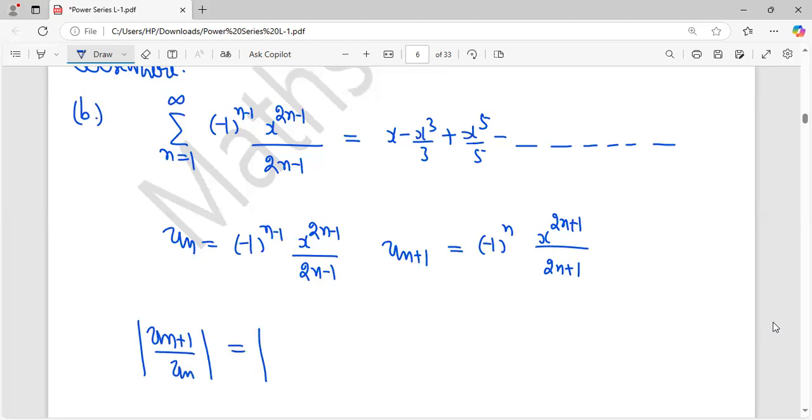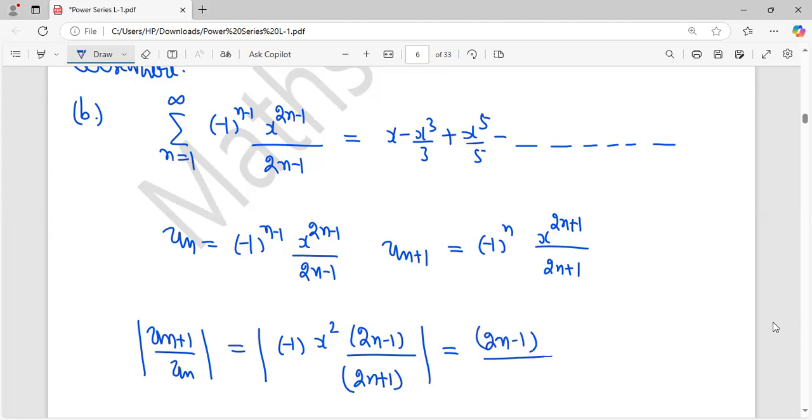This is minus 1 times x square times 2n minus 1 upon 2n plus 1, so it is 2n minus 1 upon 2n plus 1 times mod x square.